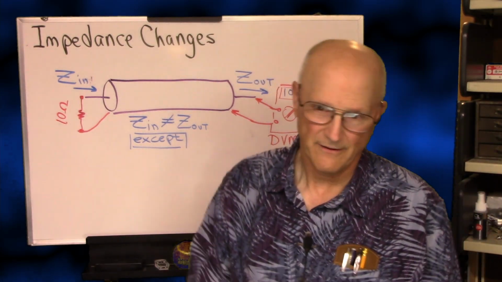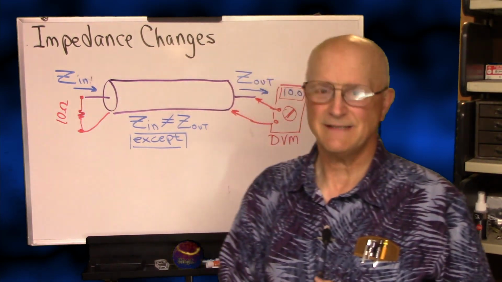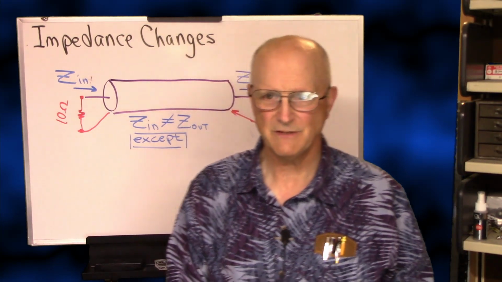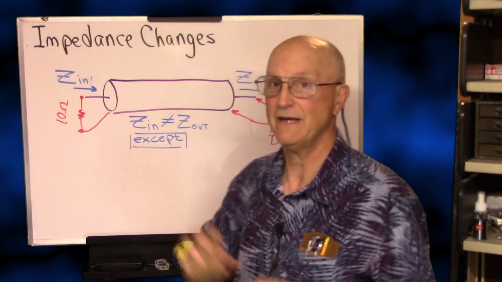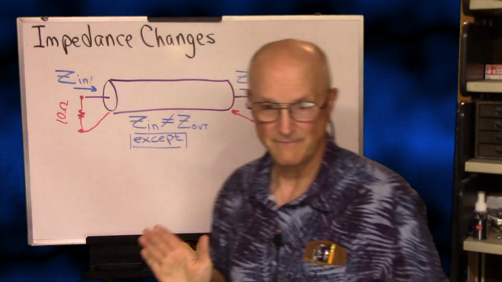However, RF is really weird stuff. The reality is that the only place along the transmission line that we will see this perfect 10 ohms is at every half wavelength point.